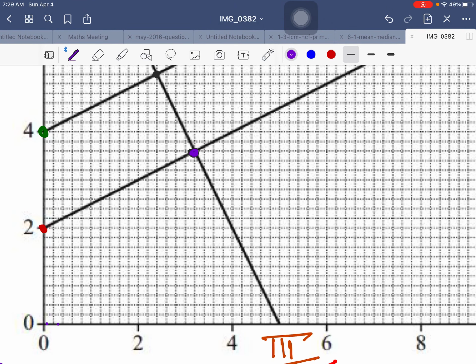Here are 1, 2, 3, 4, 5, 6, 7, 8, 9, 10. We have 10 boxes equal to 2. That means one box is equal to 2 by 10, 0.2. So this point, if I move down here slowly and stop here, what is the reading?